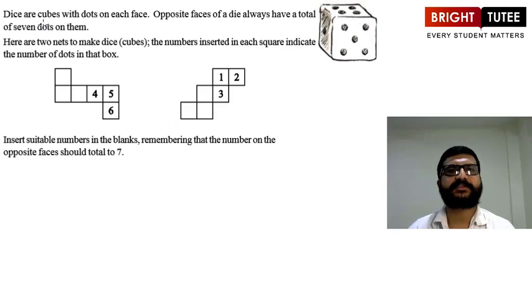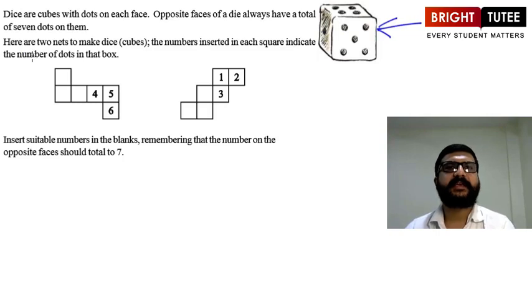Now here is the next question. Dice are cubes with dots on each face. As we can see here, this is the dice. Opposite faces of a die always have a total of 7 dots on them. That is, if on a face there are 6 dots, then the number of dots on the opposite face will be 1, because the total has to be 7 only.